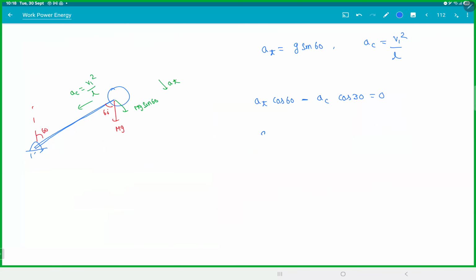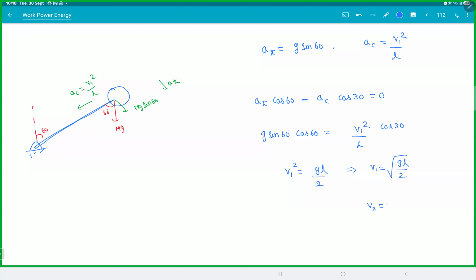You can substitute here. So this will be g sine 60 cos 60 is equal to V1 square by L cos 30. Cos 30 and sine 60 will go off. You end up with V1 square is equal to GL by 2. So V1 is root over GL by 2. There, I got V1.